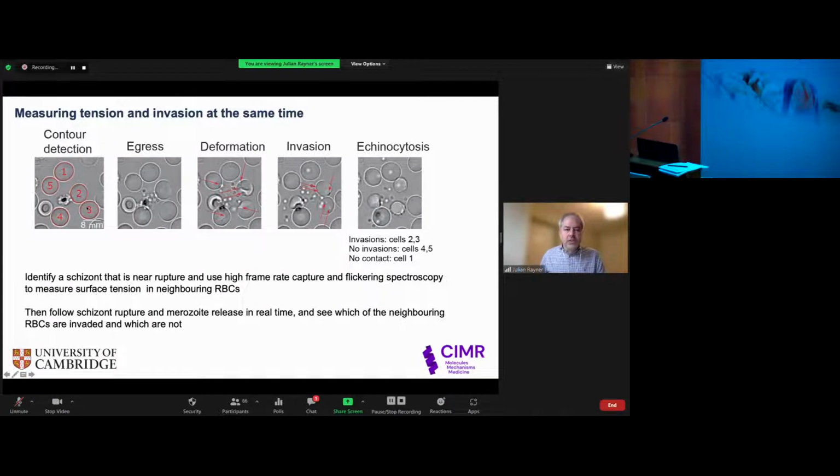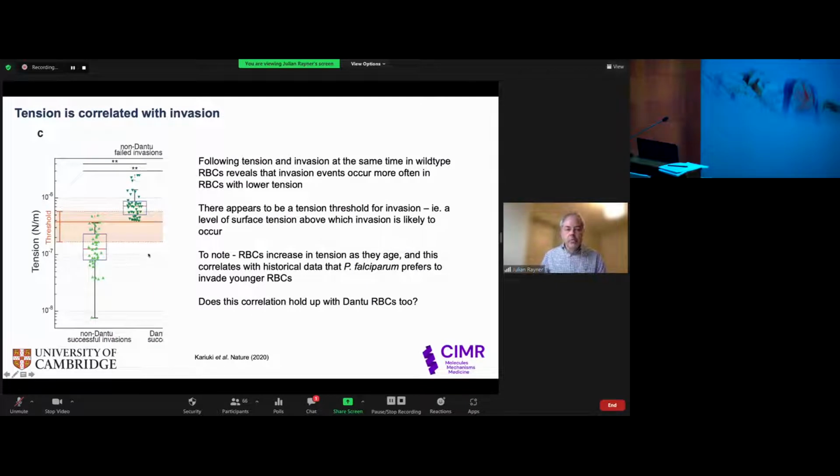And when she did that, she saw a very clear correlation between a successful invasion, so red blood cells where invasion occurred, and here red blood cells where invasion did not occur. So these are red blood cells where the parasites make contact, but they don't go in. And if you compare the tension of the red cells and the invasion success, there was a very clear correlation where the higher the tension, the lower the success of invasion.